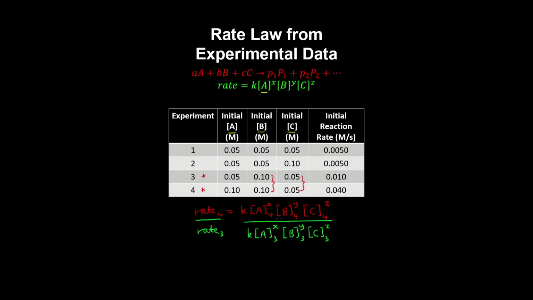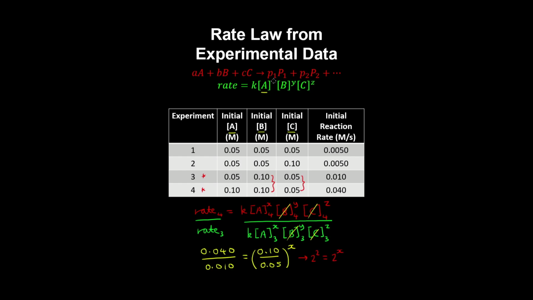Then cancelling out the terms for reactant B and C because they're identical between both experiments, and then substituting for the rates and the concentrations of reactant A, where we can take the quotient to the power of x using some algebra, and that gives the following result.